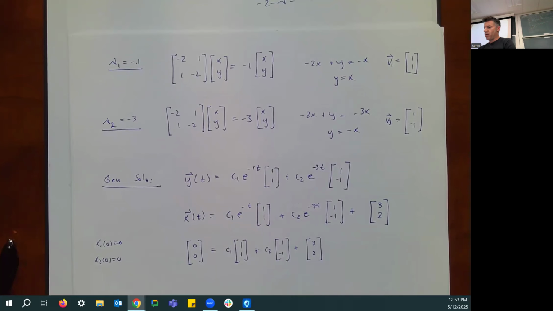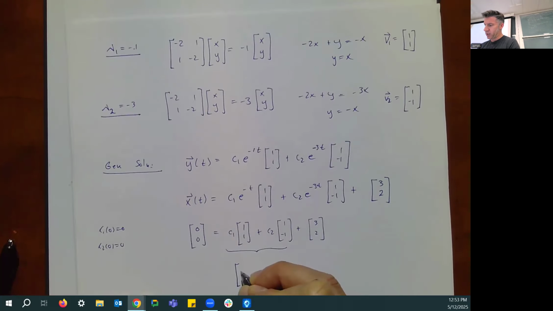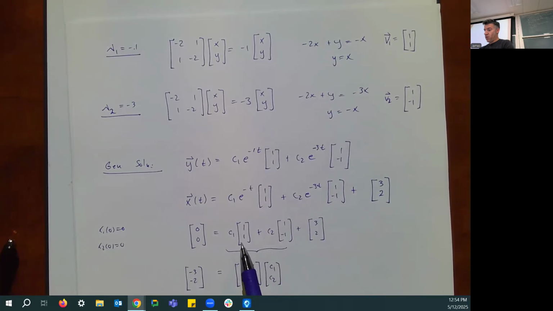You could say this part here is really the matrix 1, 1, 1, negative 1 times C1, C2, and it's equal to 0, 0 minus 3, 2. It's still the same equation: 1 times C1 plus 1 times C2 equals negative 3, and 1 times C1 minus 1 times C2 equals negative 2.